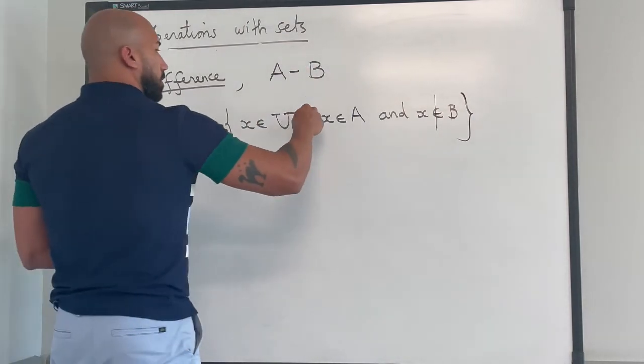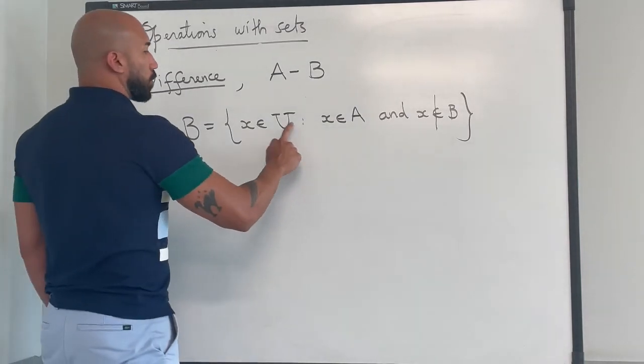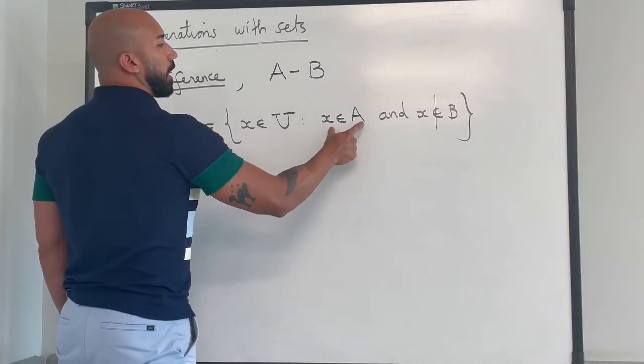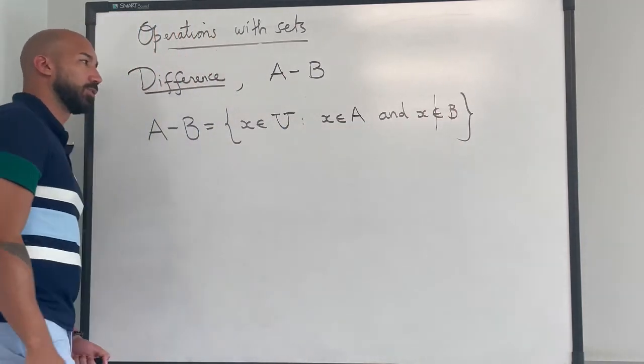So these two points here, we are going to read them as such that. So the elements in the universe such that they satisfy the first condition and at the same time the second condition.